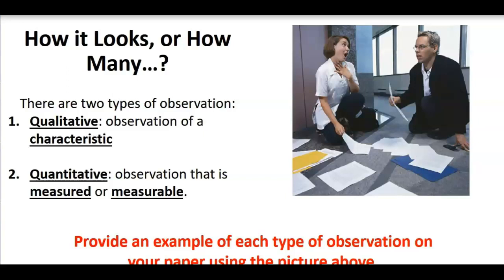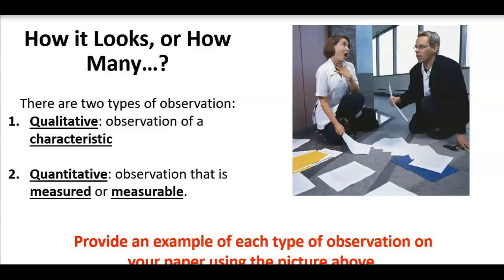When we again look at this picture, we can classify our observations. So we said that there was a blue folder on the floor. Blue folder is a qualitative observation because it's describing the characteristic of the folder, right? It's blue.